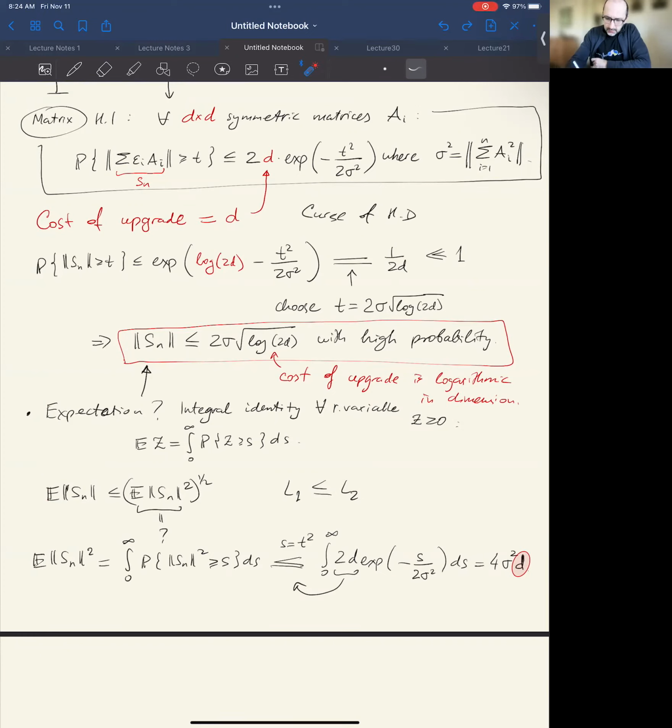Do you see what the problem is? Where did we lose? This is a huge factor. It must be that we did some sloppy job somewhere. There was some rough estimate that ruined our estimate.